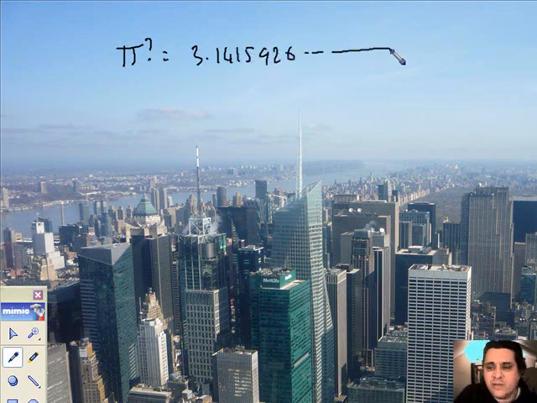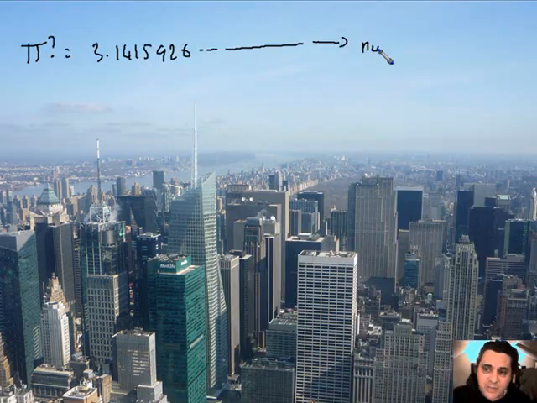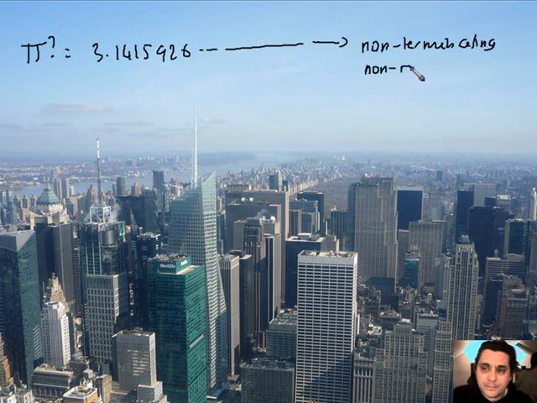Now the rest of it I don't know, never bothered to learn it. But that does not terminate, it's non-terminating. It doesn't recur, so I'm going to call it non-recurring. And it's irrational. Alright? There you go. Therefore it's irrational.